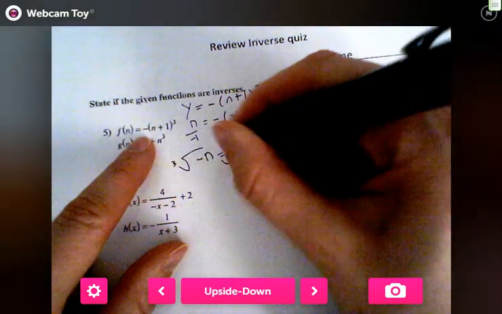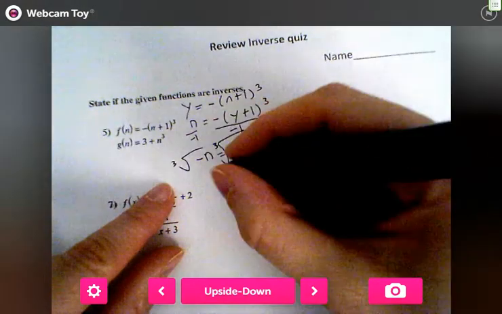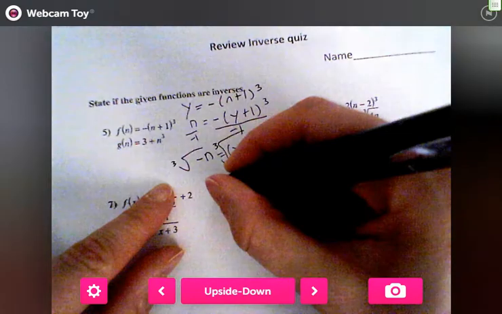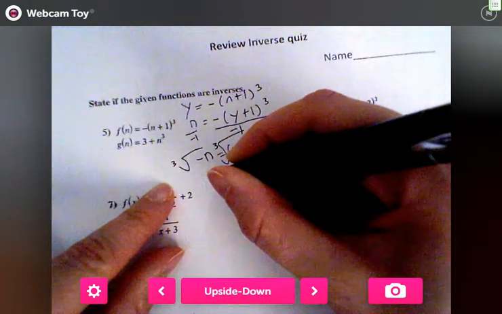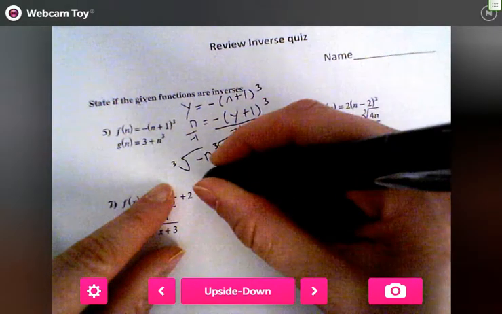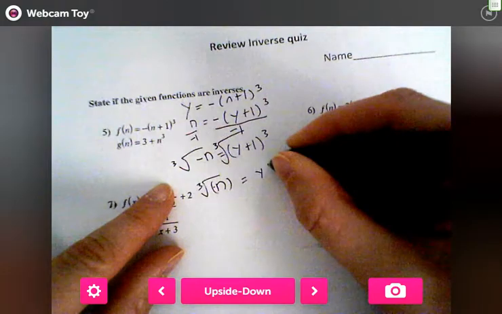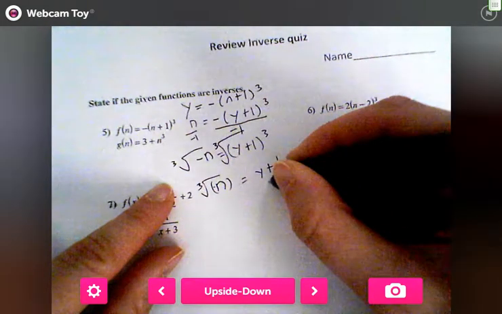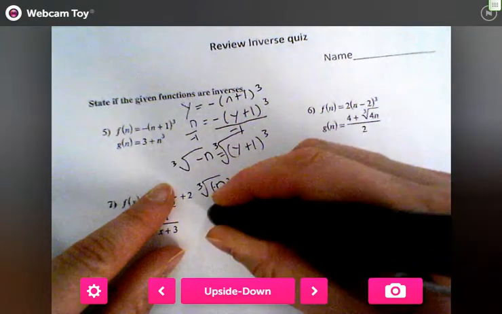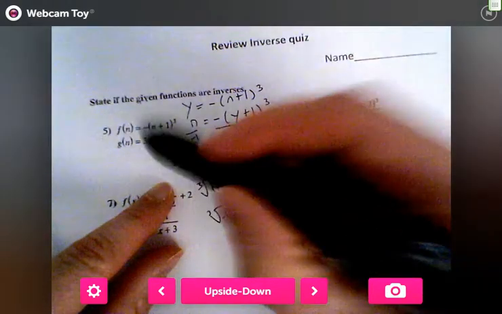Then I get the third root of negative n equals y plus 1, and then I'm going to subtract 1 from both sides. So I'm going to get the third root of negative n minus 1. These do not match, so you would say no for this.